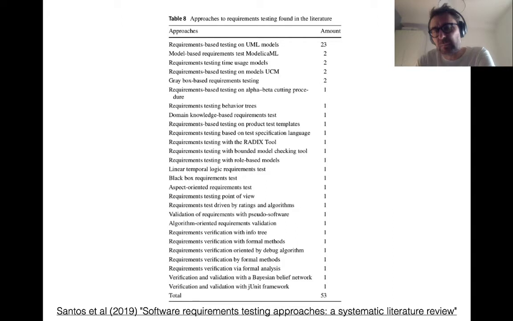What's maybe not studied so much in the literature is what's maybe the most common form in industry: requirements written in natural language, in text. There is no real formal model; it's very informal, and you need a human to understand it. But humans can extract scenarios or write test case flows, which we sometimes call abstract test cases.